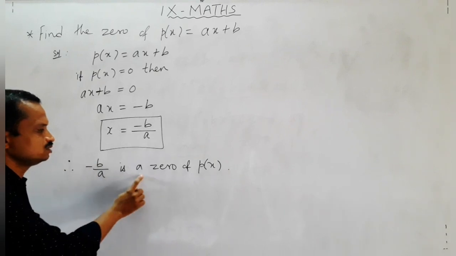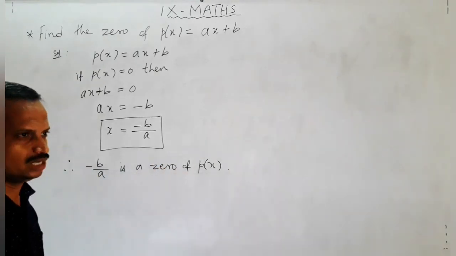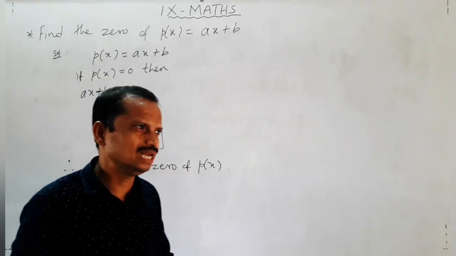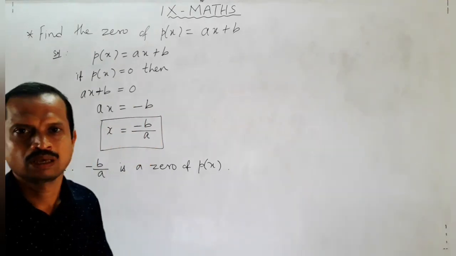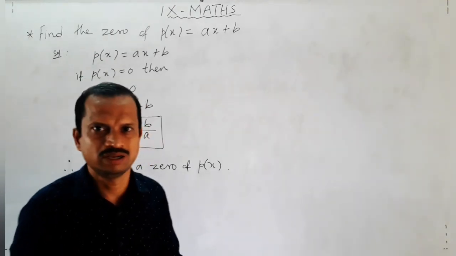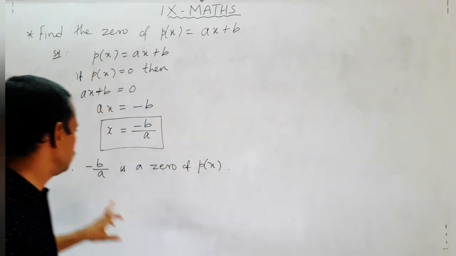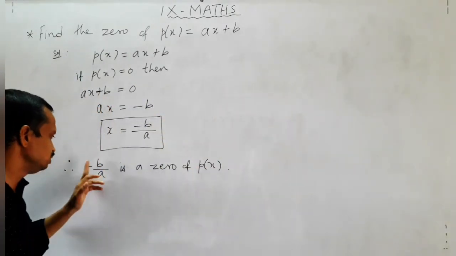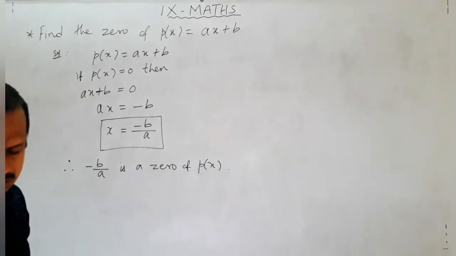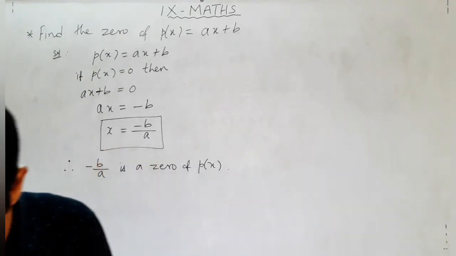Minus b by a is the 0 of p of x. So the number of zeros for the given polynomial depends on the degree of the given polynomial. So here, degree 1, that is a linear polynomial, so 1 zero will be there. Minus b by a is a 0 of p of x. And we will take some more points.